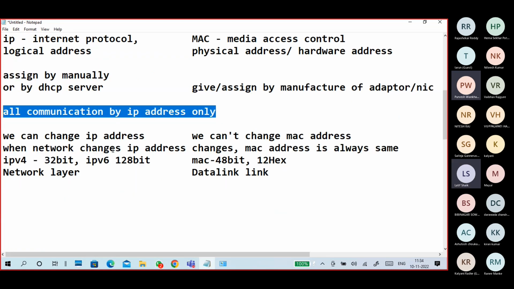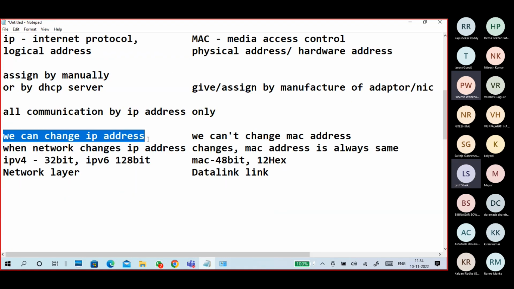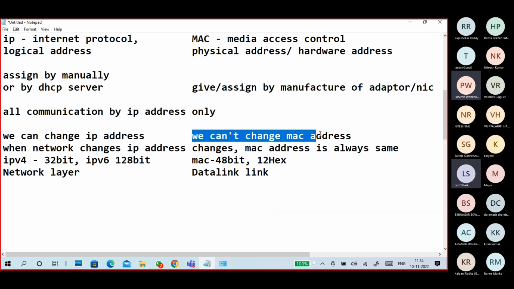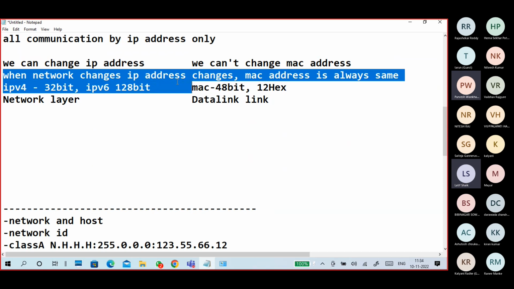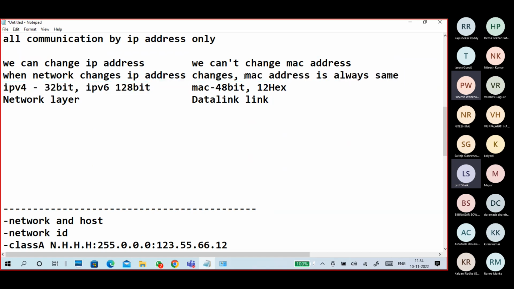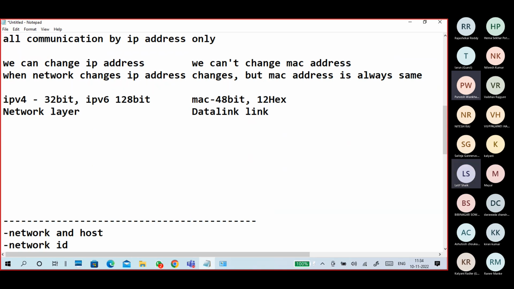All communications are by IP address only. We can change an IP address, but we cannot change the MAC address. When the network changes, the IP address changes, but the MAC address is always the same.